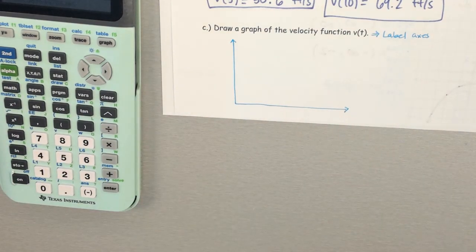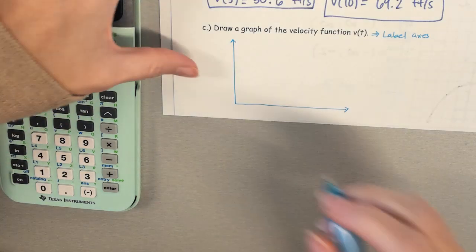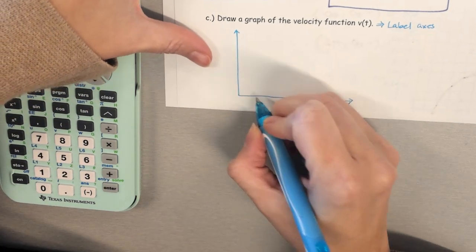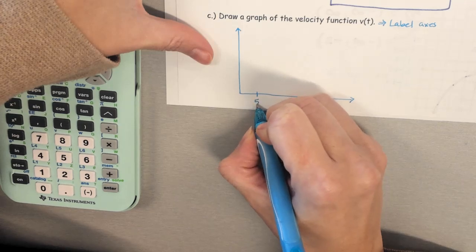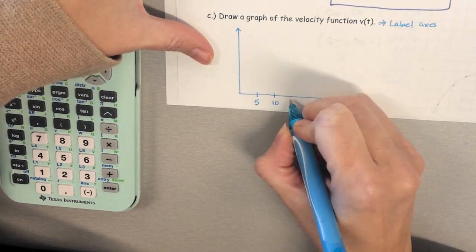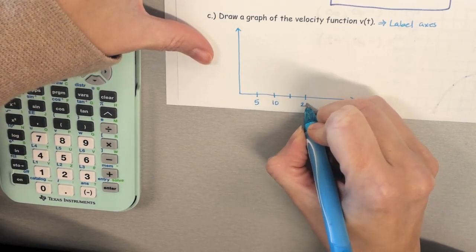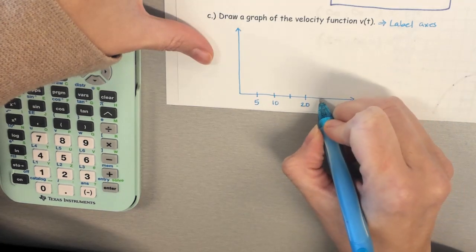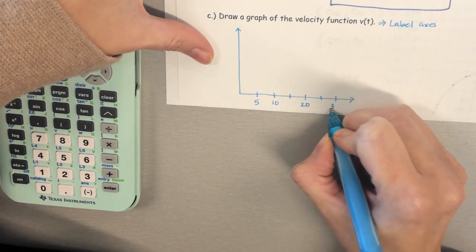Okay, and then we have 0, 5, and 10, so let's go by 5s. So we can do 5, 10, 15, 20, 25, 30.